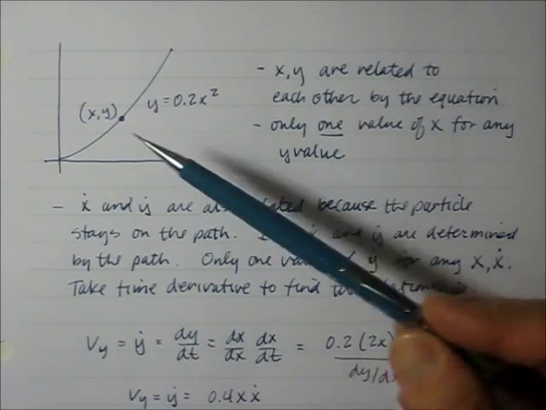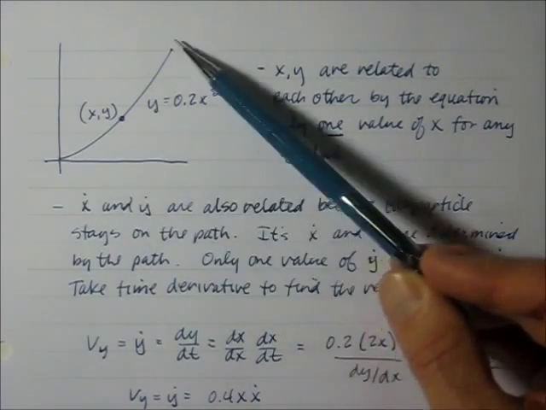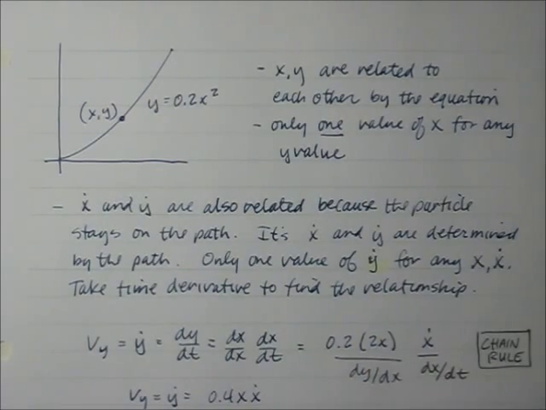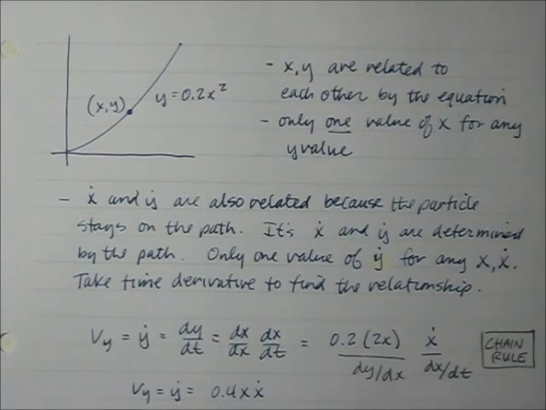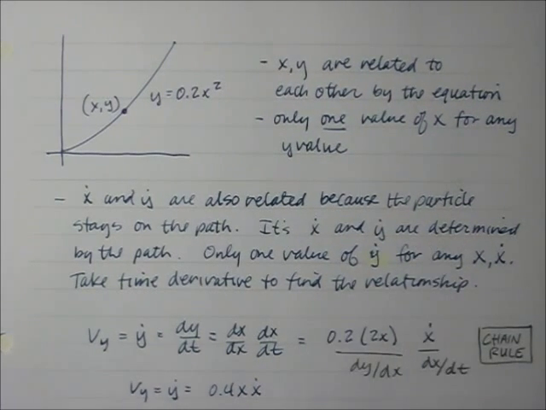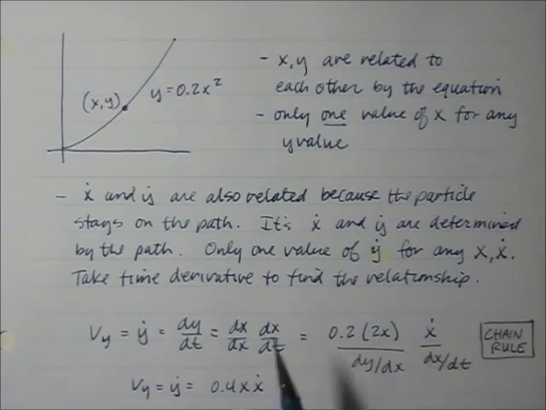There's only one value of x for every value of y as it goes along the path. x dot and y dot are also related because the particle stays on the path. In other words, there cannot be two values of x dot for a single value of y dot on a path like this. Those are determined by taking the time derivative.